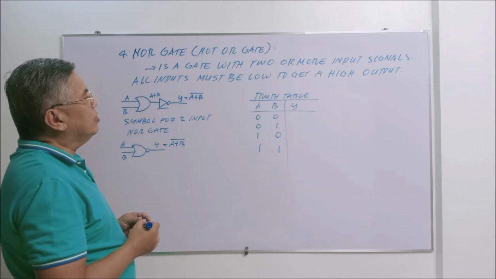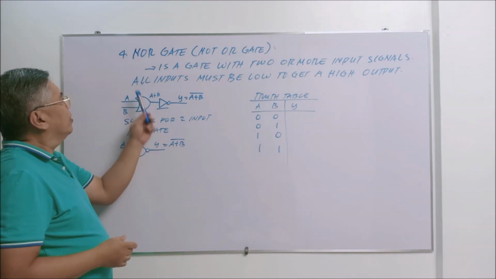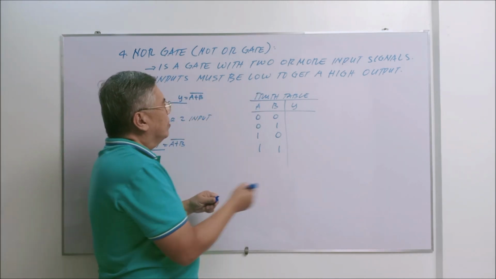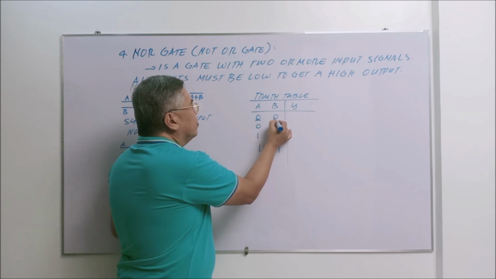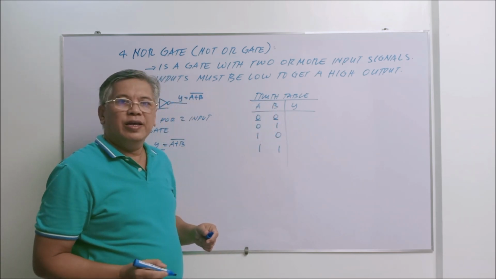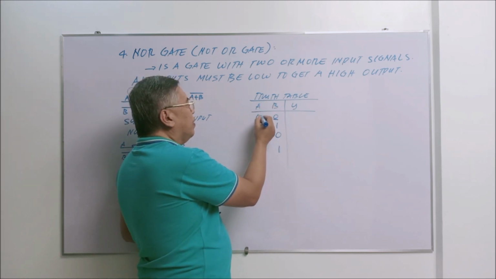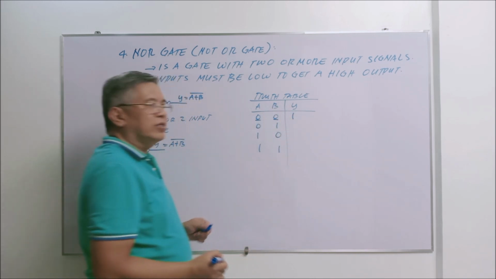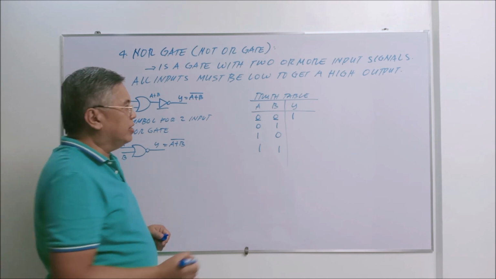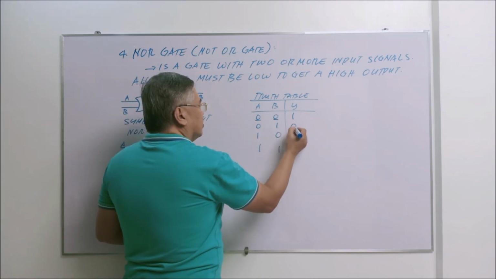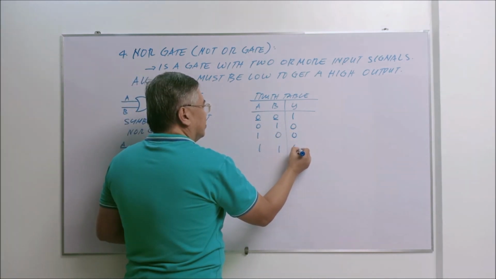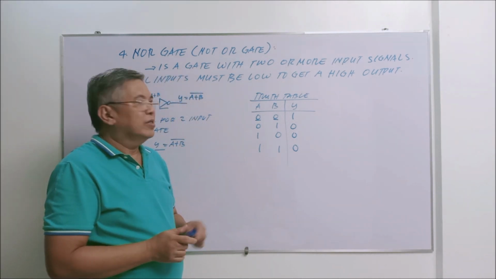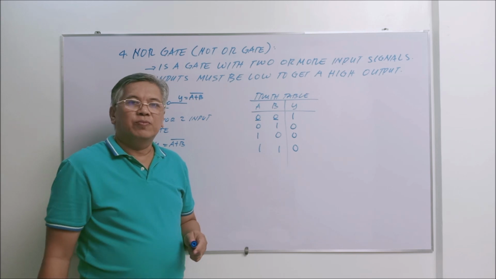Based on our definition, all inputs must be low to get a high output. So in other words, if A is 0 and B is 0, then the output is 1. The rest is 0. That is how the NOR gate truth table is obtained.